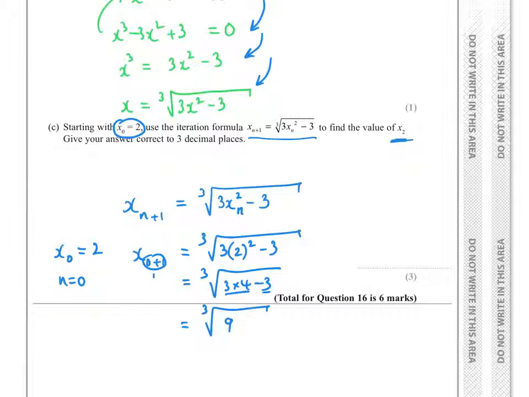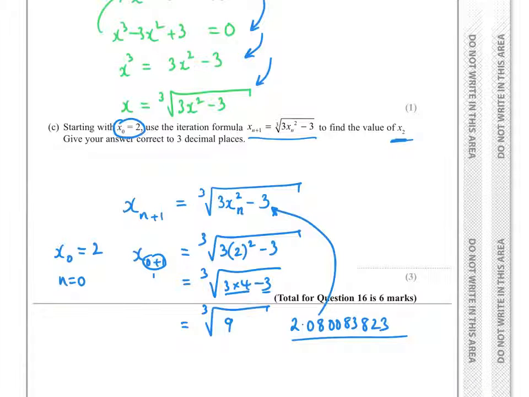And you can do that on your calculator. 9 to the power, and I do brackets 1 divided by 3, and I get 2.080083823. And then I can put this value on my calculator into the iteration formula here again, and get the next value.